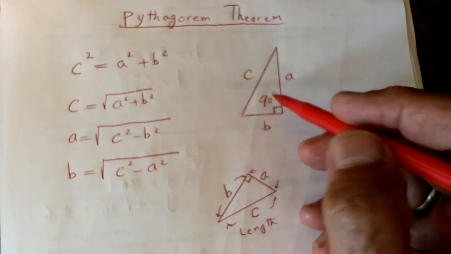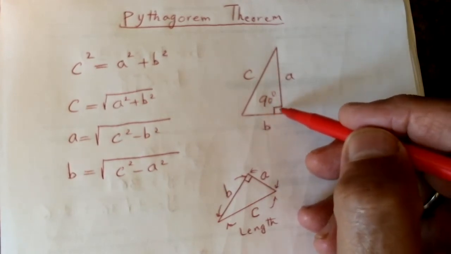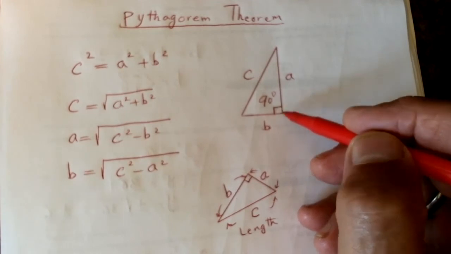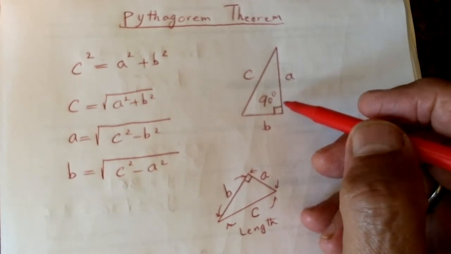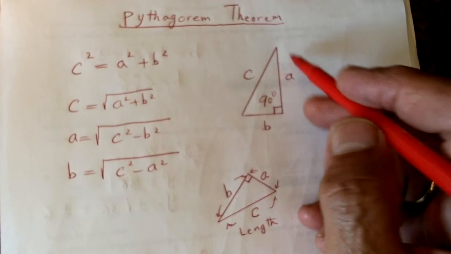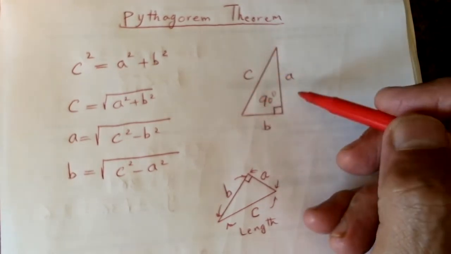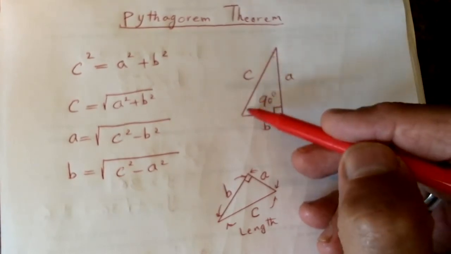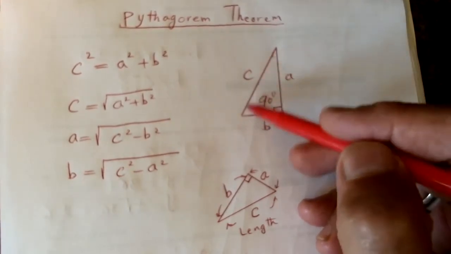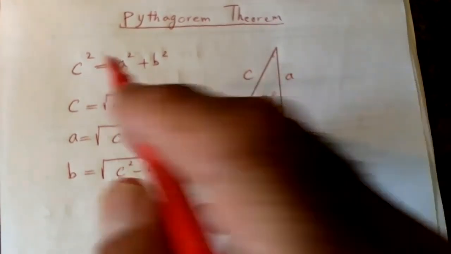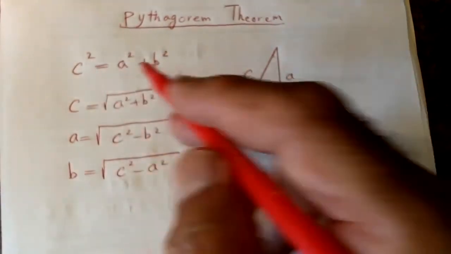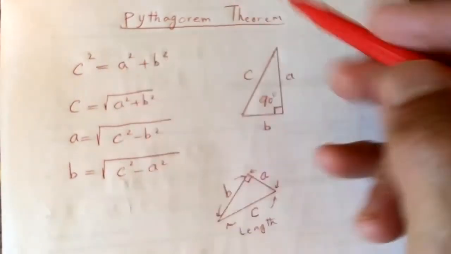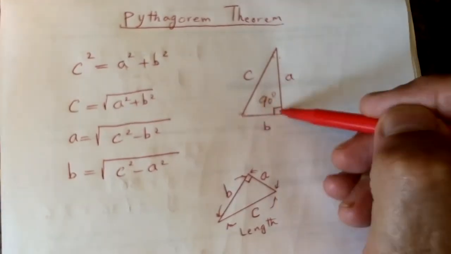If you have a 90-degree triangle, so this angle is, when you see this box here, that means it's 90 degrees. There is a relationship that exists among all three sides. The longest side, or hypotenuse, squared is equal to the sum of the perfect squares of each of the other sides. So this is the formula.